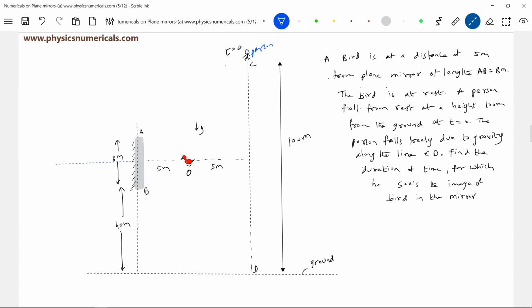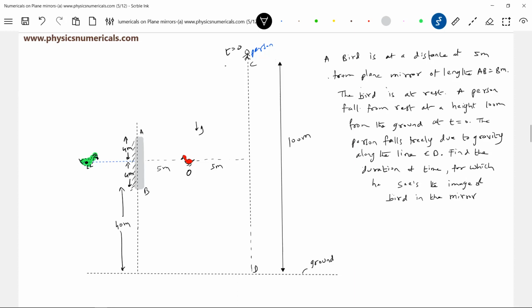So the object distance should be equal to the image distance. The length of the mirror is 8 meter. Let me break that into 4 meter, 4 meter. The image of the bird will be here. I'll try to draw a rough diagram. There are no two birds, the bird and its image are there.